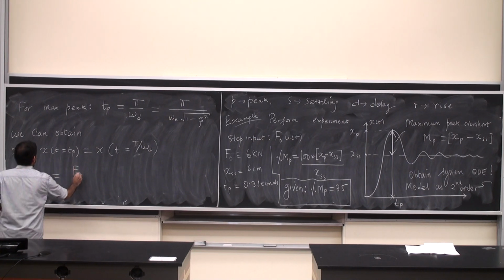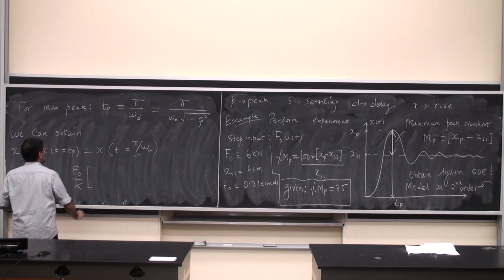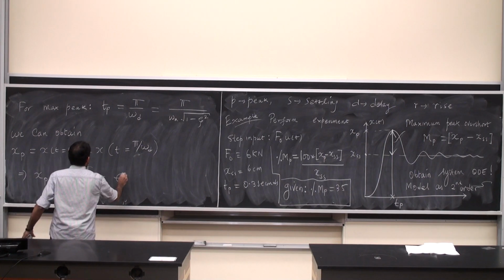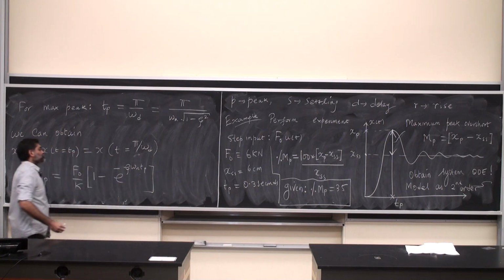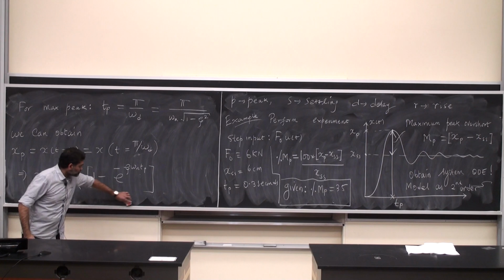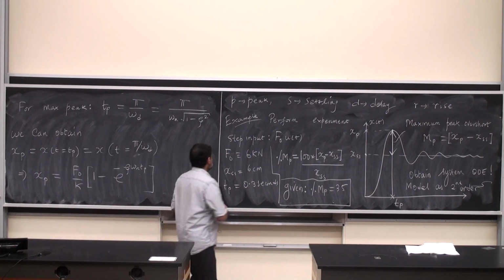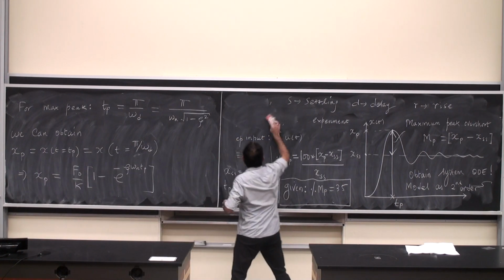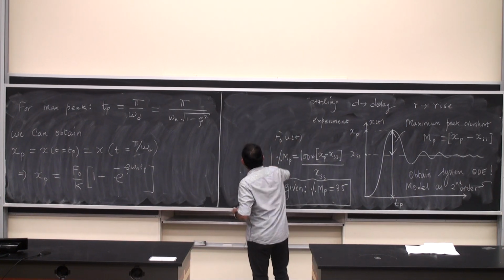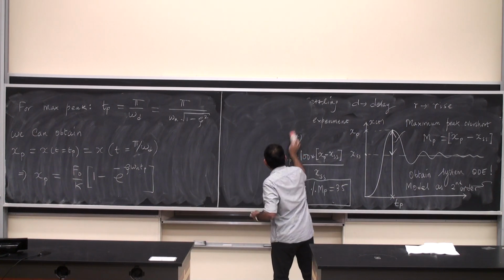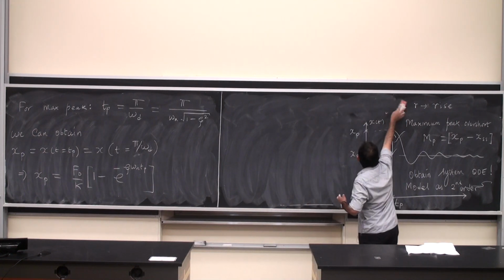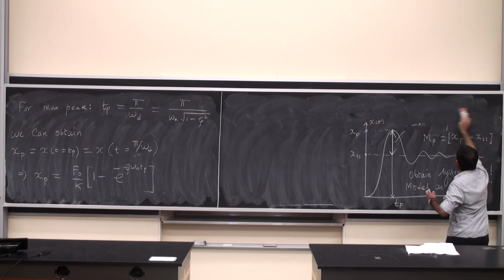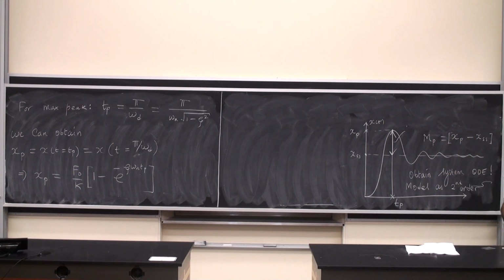Ends up being f naught by k times 1 minus... I've derived it in my lecture notes. Please take a look at it. I'm not going to derive it here. And so here is what I can do.